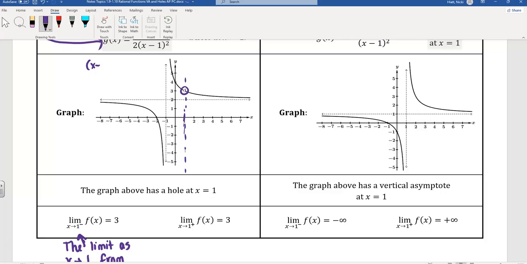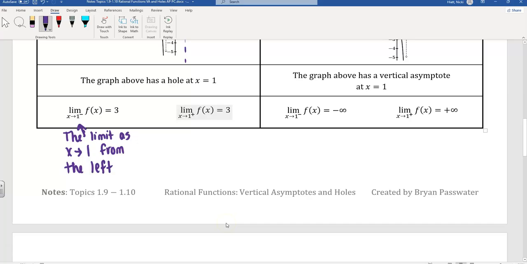Now at holes, it doesn't matter that you have an open circle because a limit doesn't say that the function equals that value, right? A limit says we're getting close to that value, right? So as I go here, my y values are getting really, really close to 3, even though at 3 the function is undefined. For a hole, you should have the same limit from the left and from the right. To show that you're talking about a limit from the right, you put a positive behind the one like this.